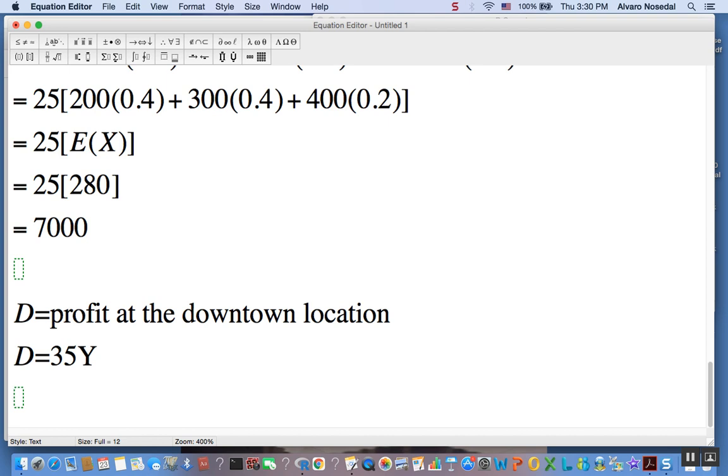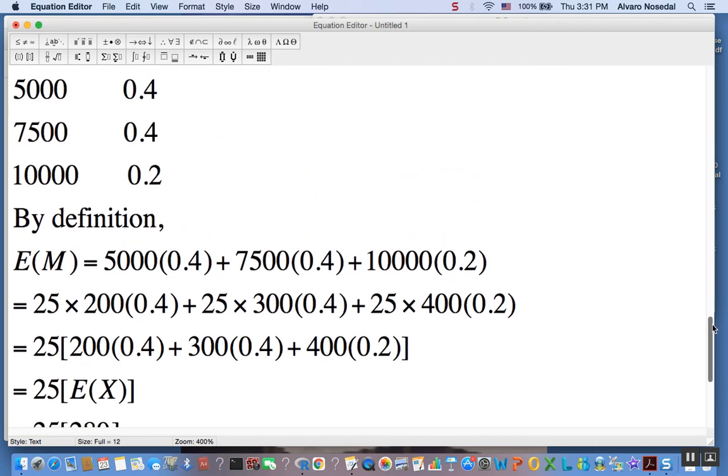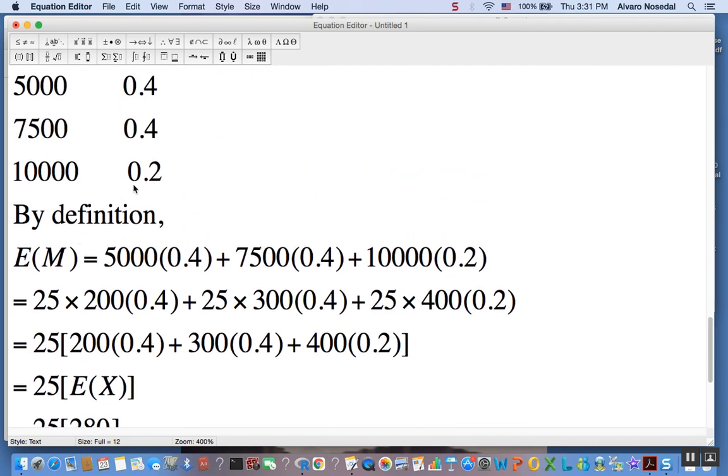You could try and do this step by step, like we did here. Okay? You find the distribution of D, that's what we called our new random variable, and then just like before, for M, use the definition.